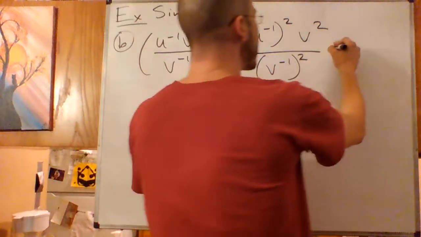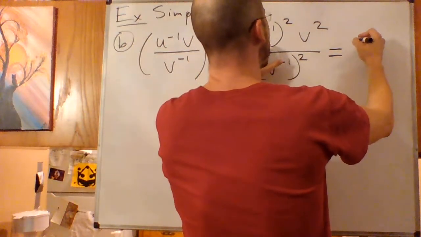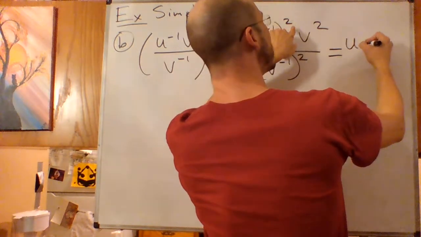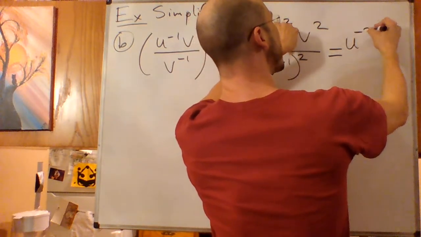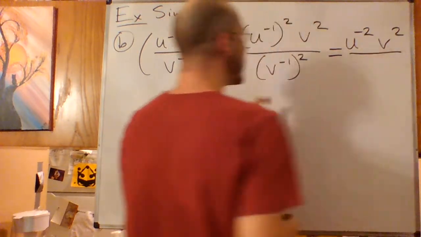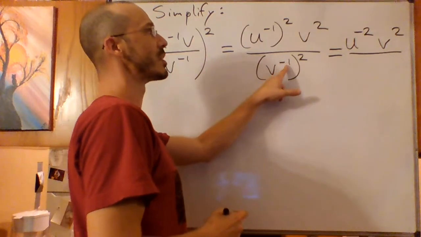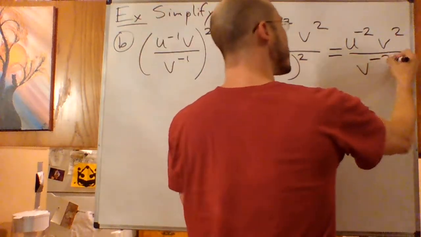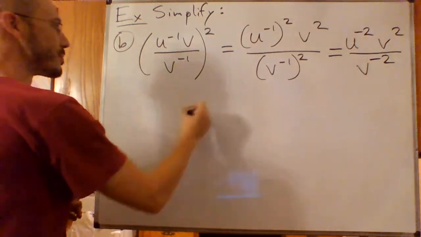Now I'm going to simplify this further. U to the negative 1 to the 2, that's u to the negative 1 times 2, or negative 2. V squared, I can leave that alone for the moment, but v to the negative 1 squared is v to the negative 1 times 2, in other words, also negative 2.